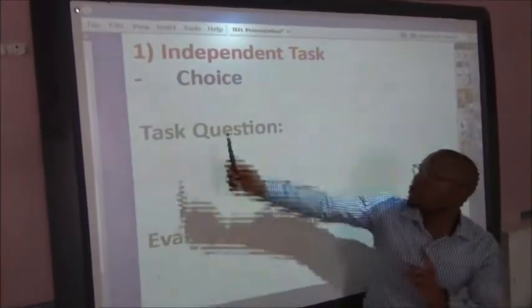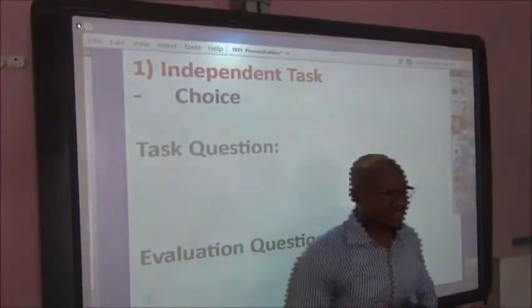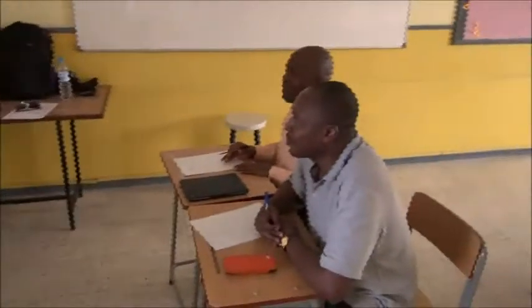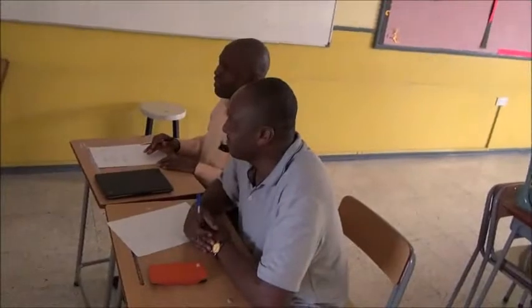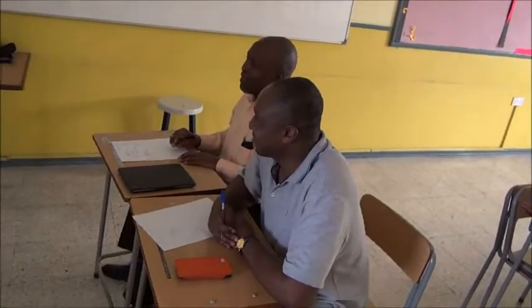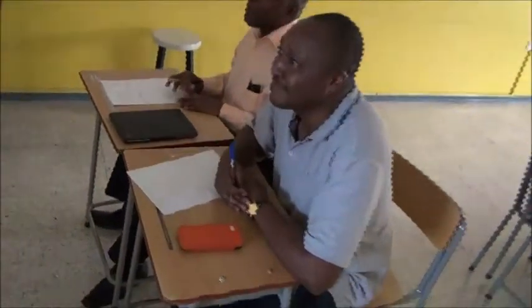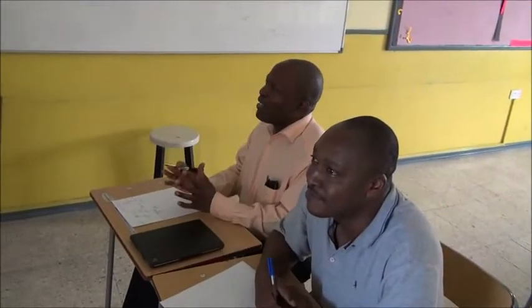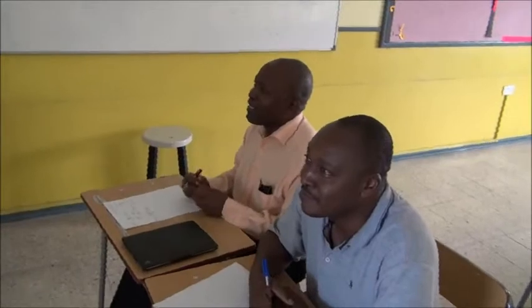The most important word here is independent. We're going to be asked to do something on our own. Beautiful, independent, something on your own. I like that. What about you, Rashid? Something standalone, not involving something else.